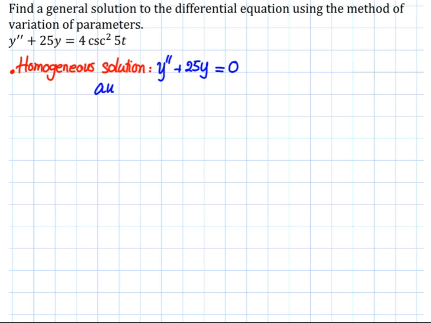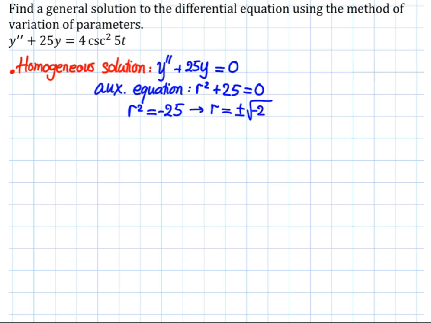Corresponding to that, we have the auxiliary equation r squared plus 25 equals 0. From this, we have r equal to plus or minus the square root of negative 25, which is plus or minus 5i.